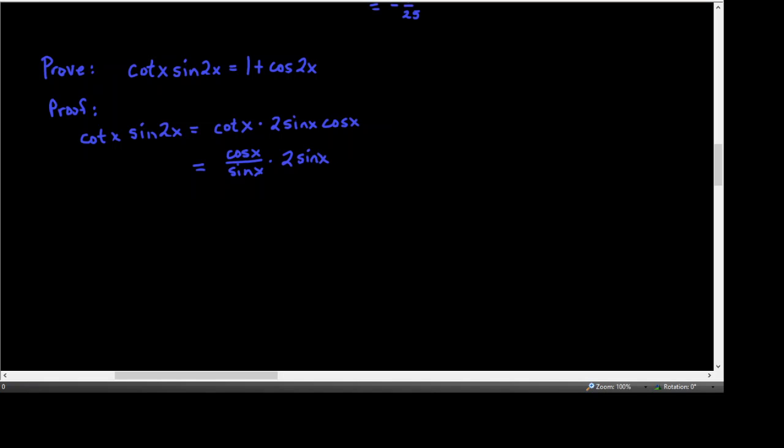You might notice that the sine x and the sine x cancel each other out, leaving 2 cosine squared x.